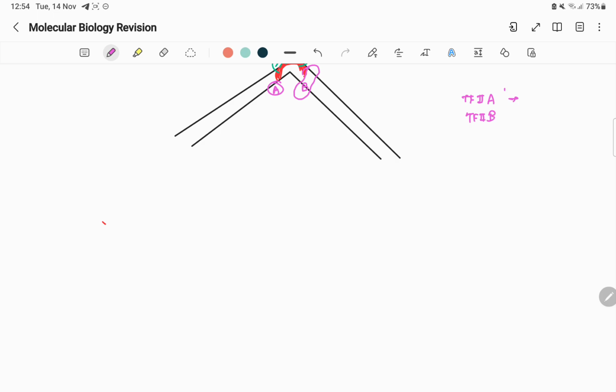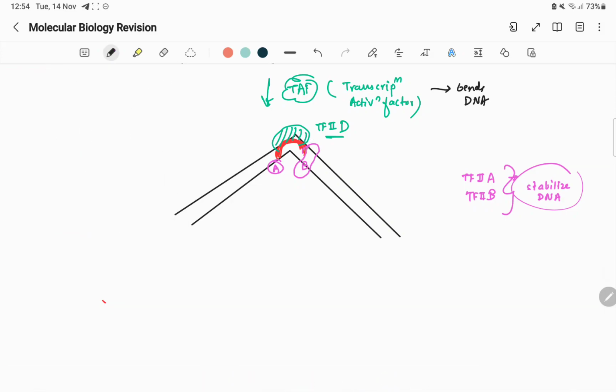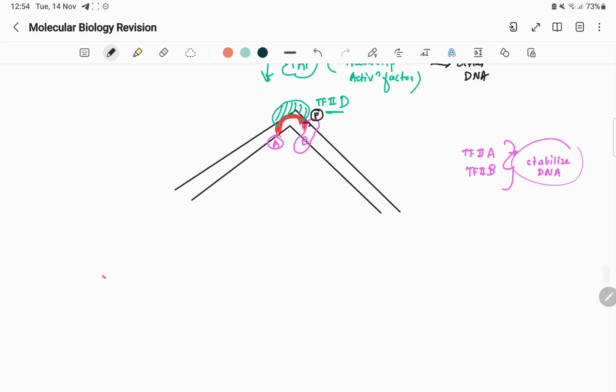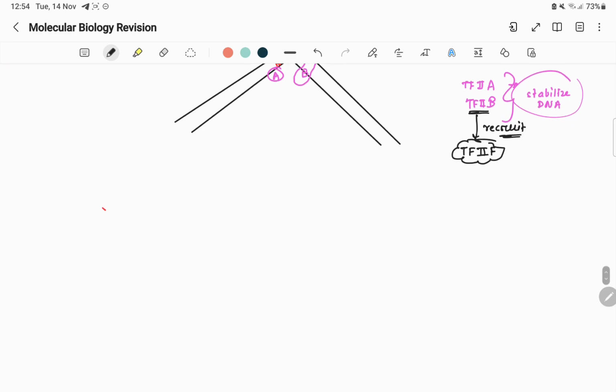They help to stabilize the DNA, the bent structure of DNA. This TF2B binds to the TATA binding protein only, and TF2B recruits another factor, which is TF2F.